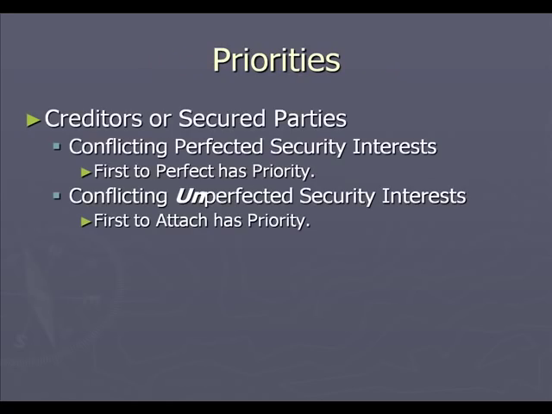Obviously, the perfected security interest, we said before, has priority over the unperfected security interest. And then a security interest has priority over anybody else. Somebody who has borrowed money without putting collateral down, that comes after the loans that have been collateralized by security interest.